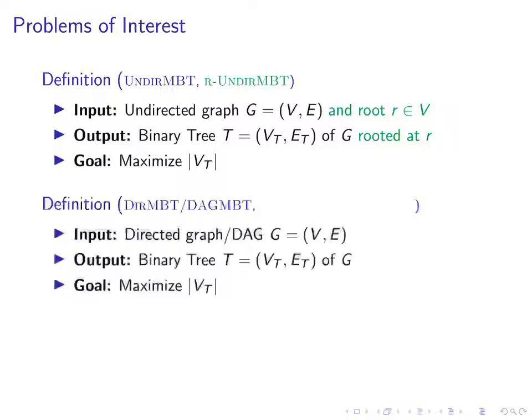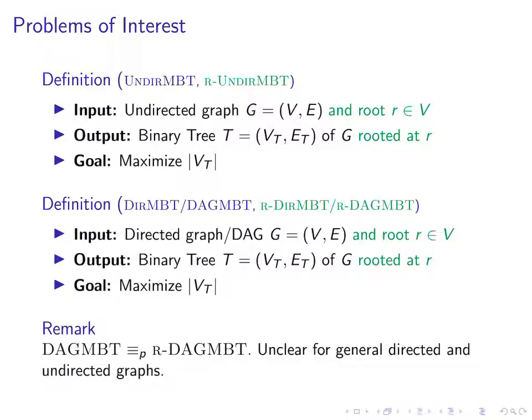If the given graph is a general directed graph or a directed acyclic graph, or DAG, then we term this problem directed MBT or DAG MBT. Similarly, we can define the rooted version of these problems. And the goal is to find the max size tree in a given graph.